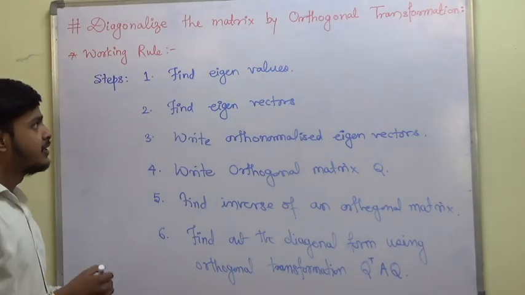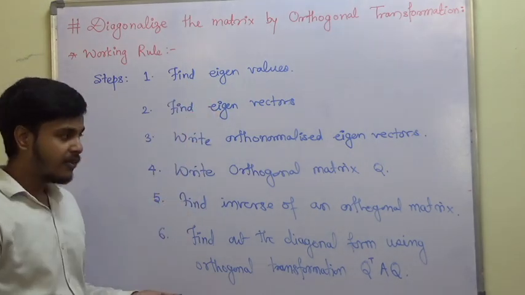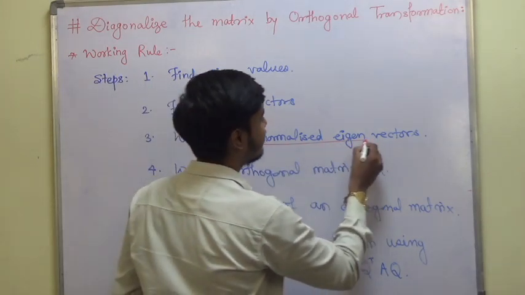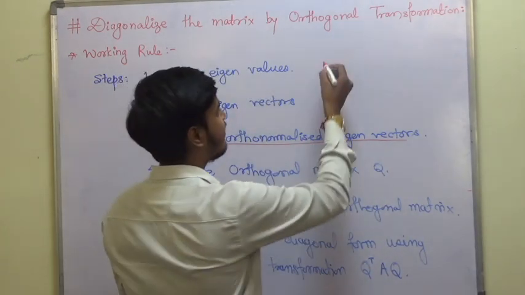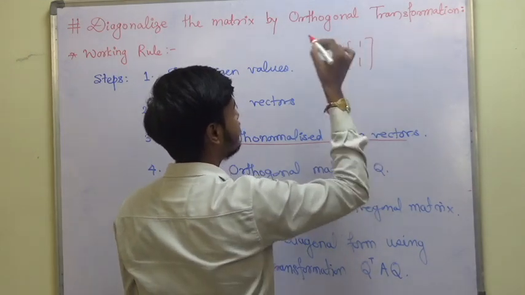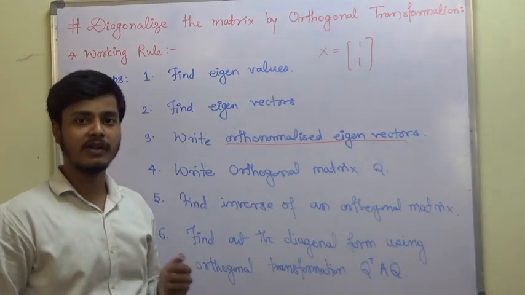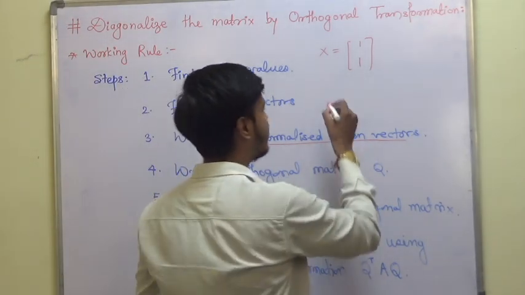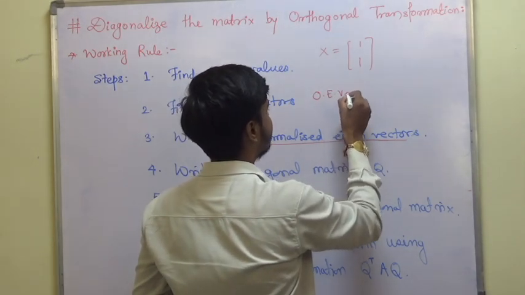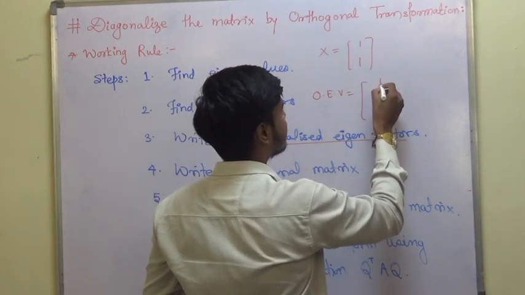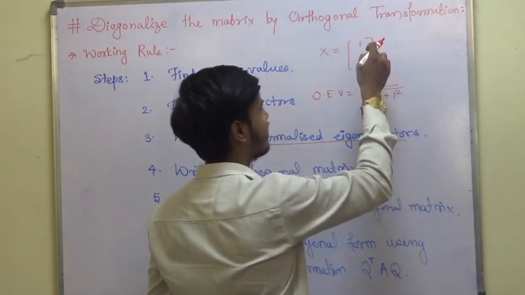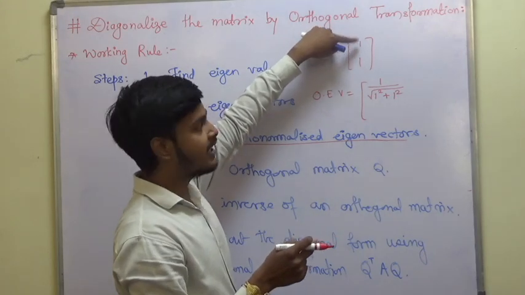Now, the first two things you can easily find out. I will let you know how to find the normalized eigenvectors. Suppose you have an eigenvector x equal to (1, 1), and you wish to find the orthonormalized eigenvector. You write 1 upon the square root of 1 squared plus 1 squared, that is, each element upon the length of the vector.